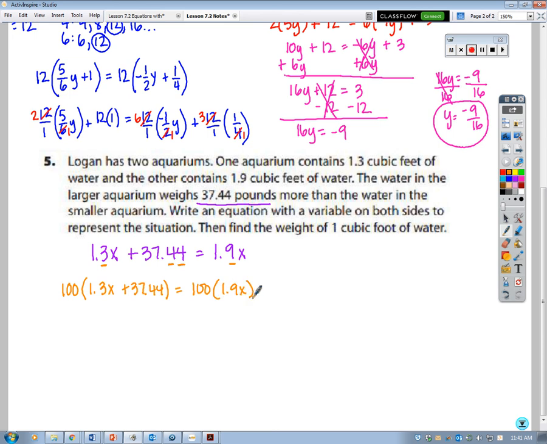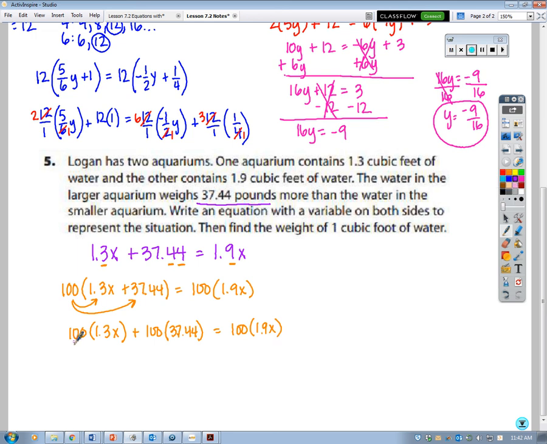Okay, so I'm going to distribute that to each term within the parentheses, which only really pertains to this side, right? So I've got 100 times 1.3x plus 100 times 37.44 equals 100 times 1.9x. Now, when I'm multiplying by a base 10, all I'm going to do is move the decimals.